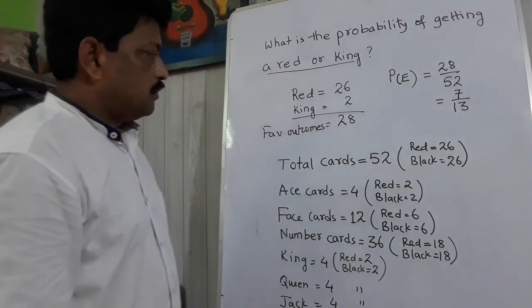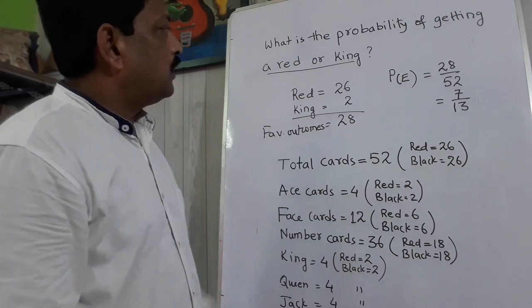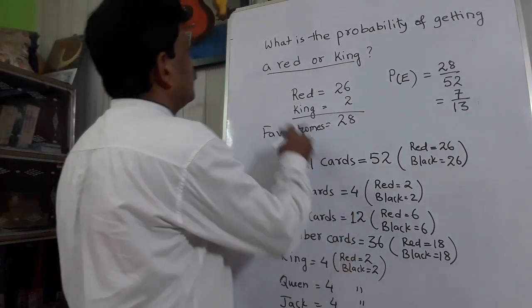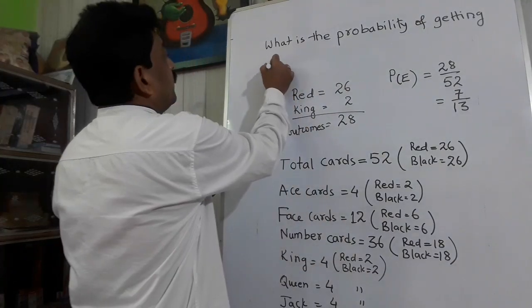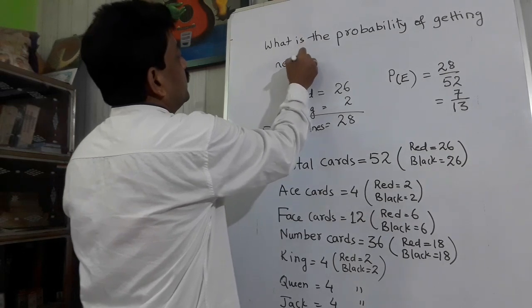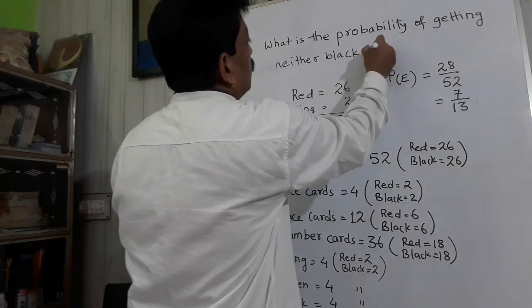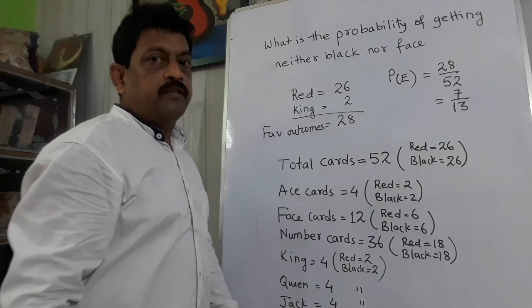Okay. Some more different types of question can be set from here. Like this one. Maybe neither black nor face. Little bit critical.